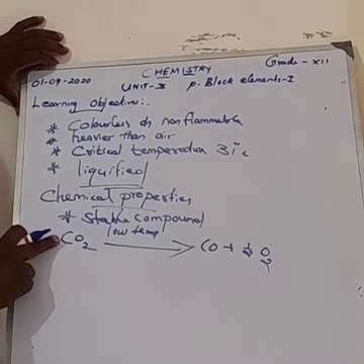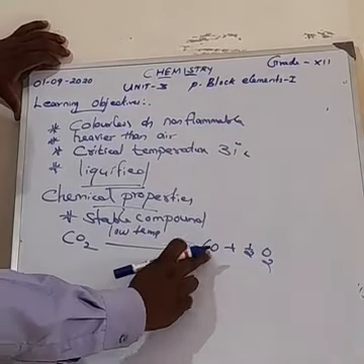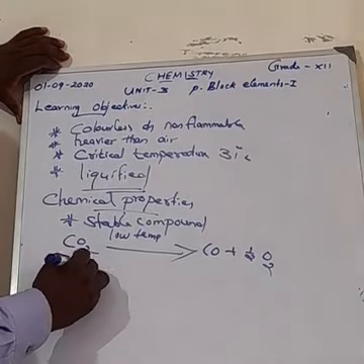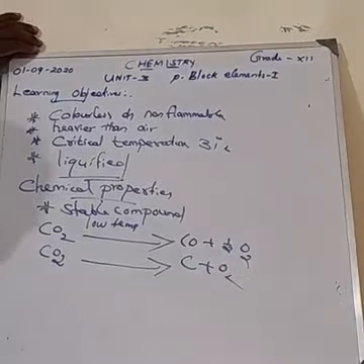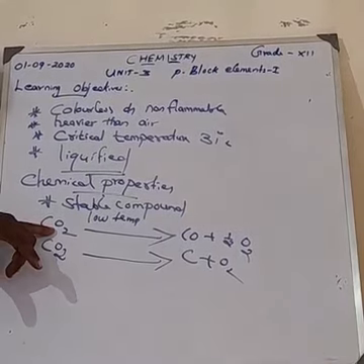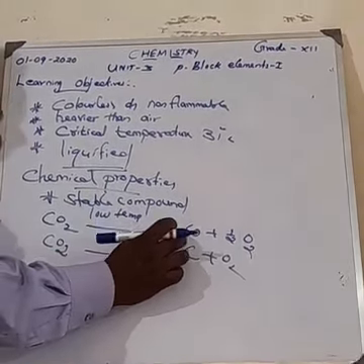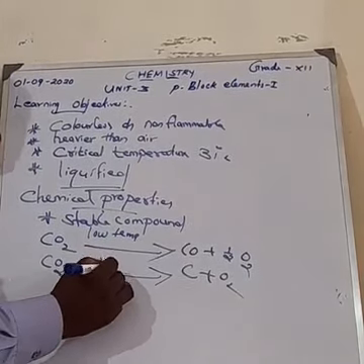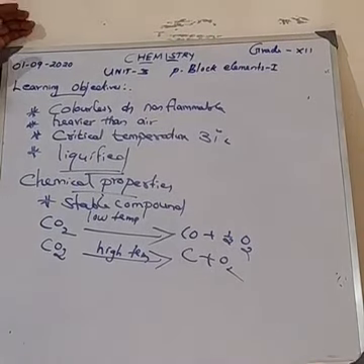At high temperature, carbon dioxide on heating we get carbon plus oxygen. Okay, can you write? Carbon dioxide on heating at low temperature we get carbon monoxide and oxygen. At high temperature we get carbon plus oxygen.